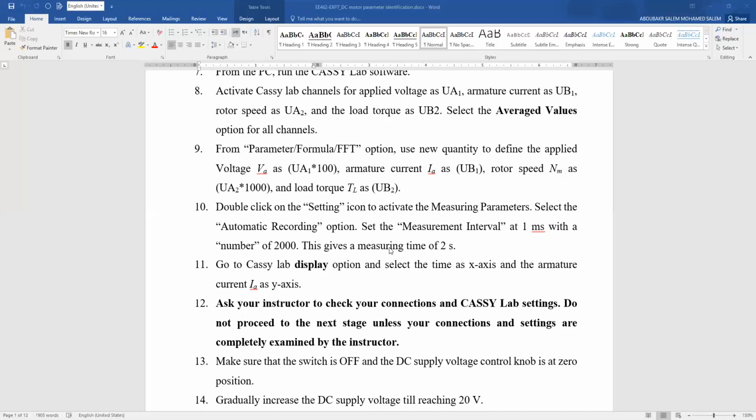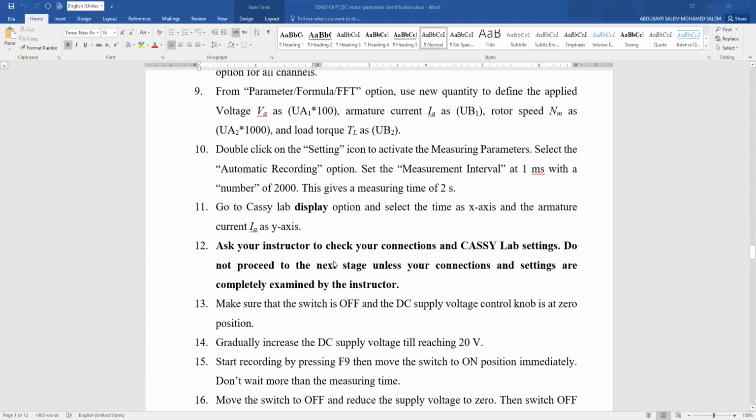So we need this period, 2 seconds, with measuring interval 1 millisecond, and the interval will include 2000 points. So 2000 points multiplied by sampling interval 1 millisecond will give you a total period of 2 seconds. Also, from the display of the chassis, we have to define the x-axis as time and the armature current on the y-axis. So we are going to observe the current waveform.